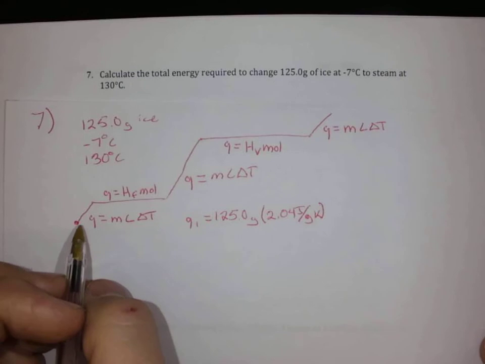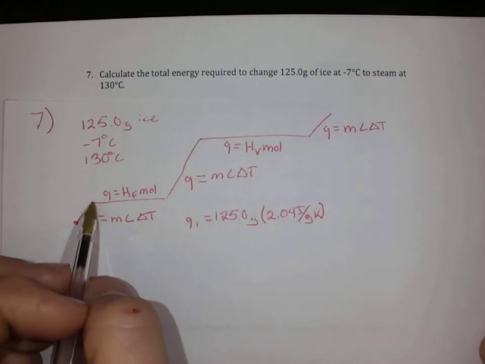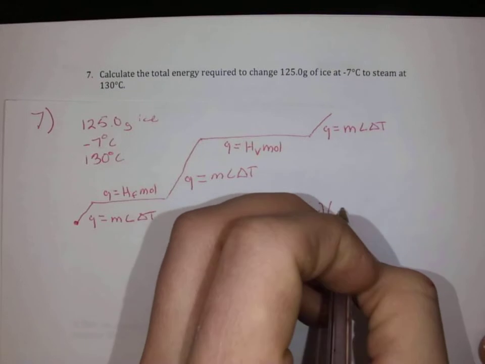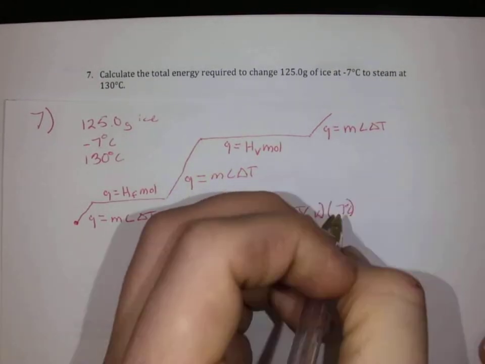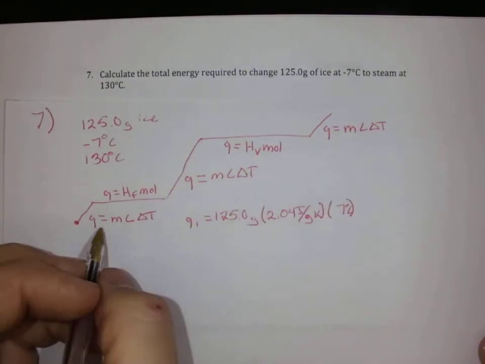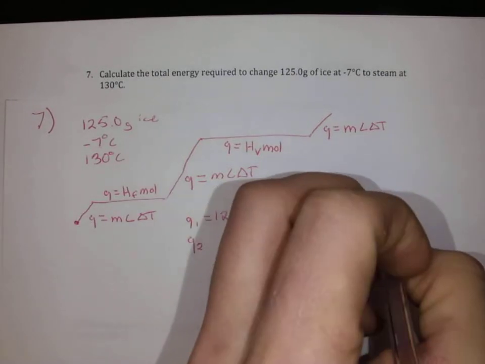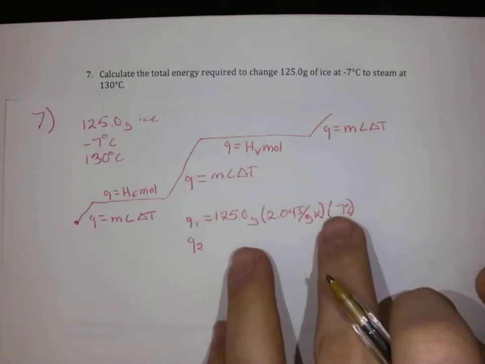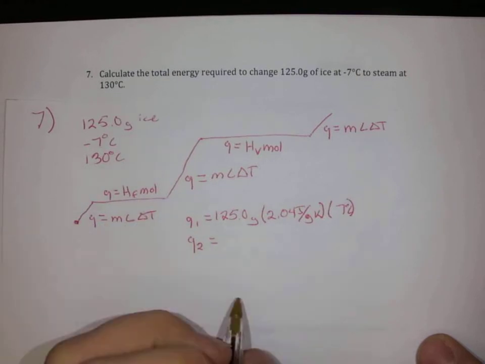And then we'll multiply by our change in temperature. If we're starting at -7, we have to go to the melting point, so that's -7 to 0. My change in temperature there would be 7 degrees C. There's my Q1. Q2 then, now we're melting. We're going to do HF times moles.